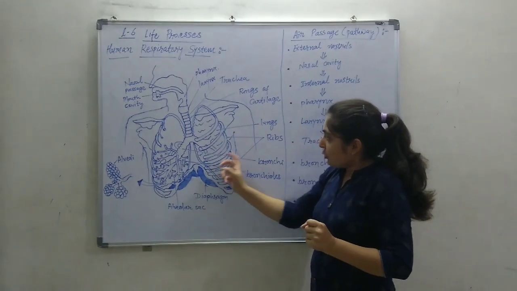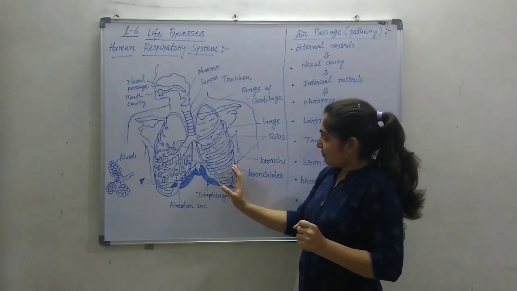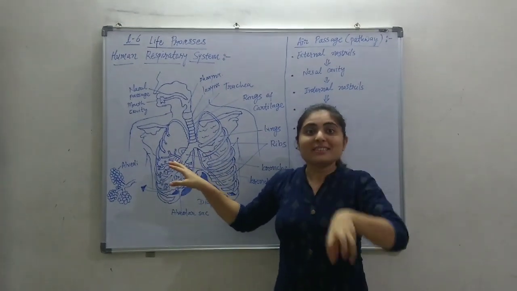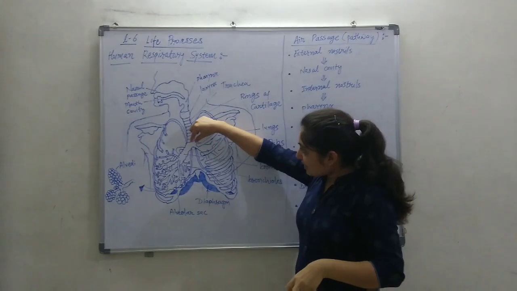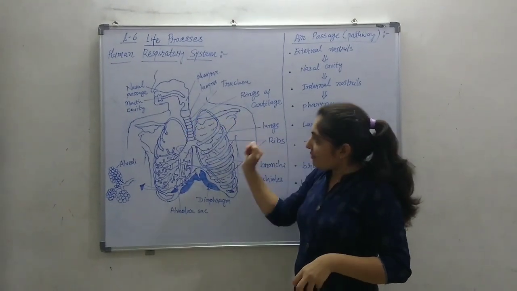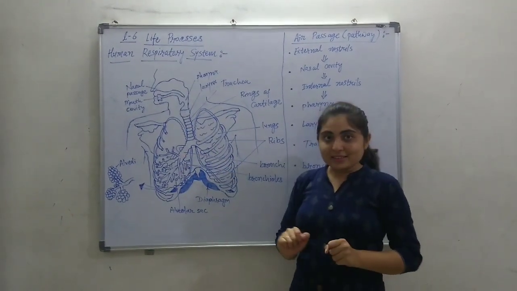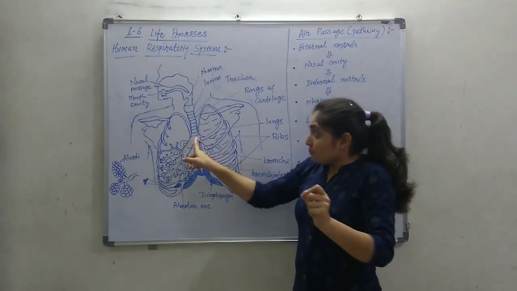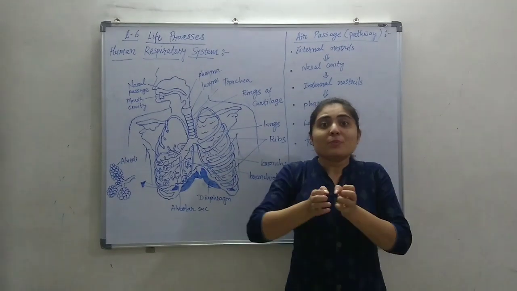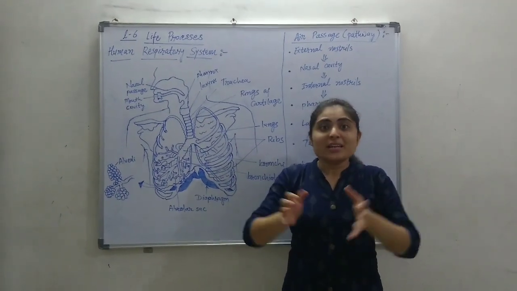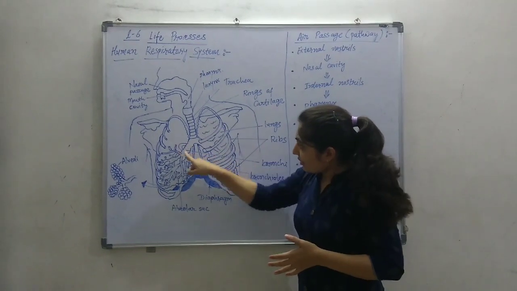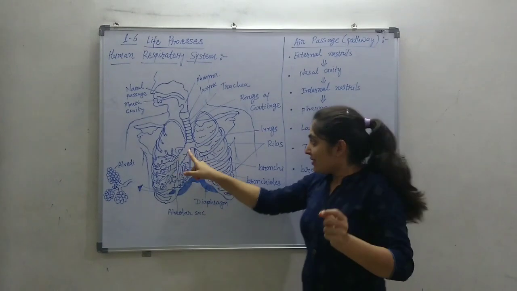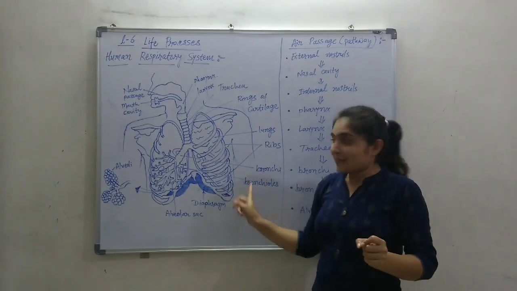On this side, the full structure of the ribs is given, and on this side, the structure inside the lungs is given. As you can see, the trachea is divided and enters the lungs, and that part we call bronchi. Now, this bronchus is divided into many branches, and these branches are called bronchioles.